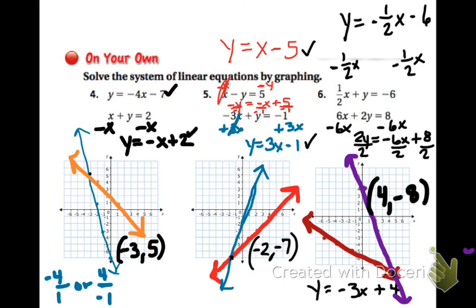If I multiply -1/2 times 4, I'll get -2. -2 minus 6 is -8. So that one works. How about -3 times 4 would be a +12. Nope, sorry. That'd be a -12. -12 plus 4 is -8. So it works for both. So that is actually going to be the solution, 4, -8.